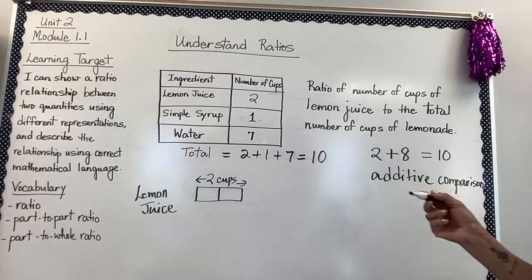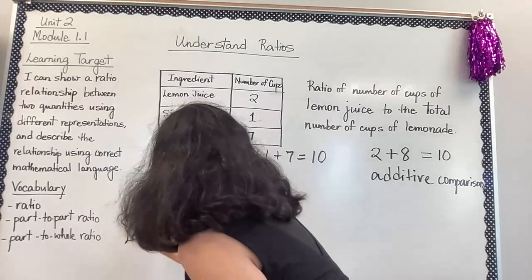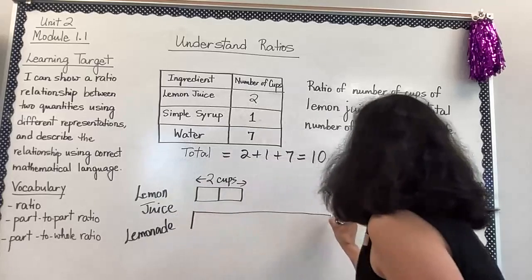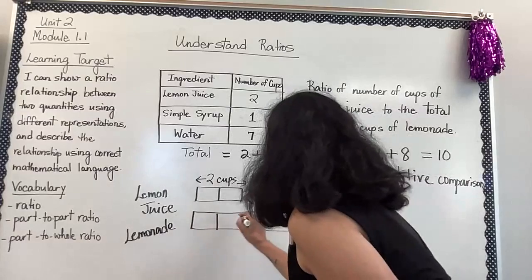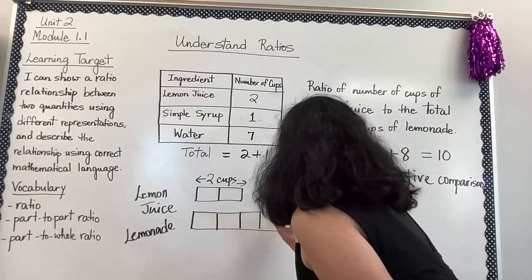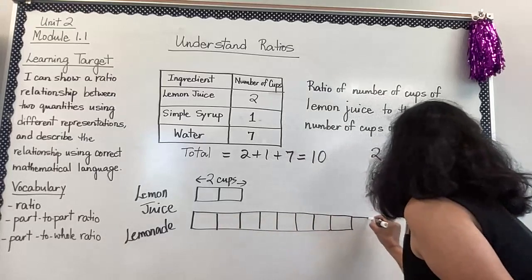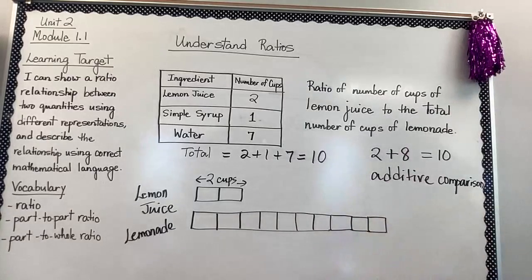So if I have lemonade, this is going to be a total of 10: 1, 2, 3, 4, 5, 6, 7, 8, 9, and 10.